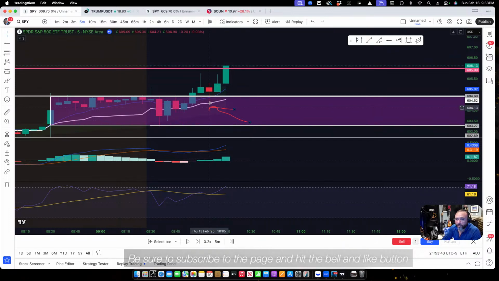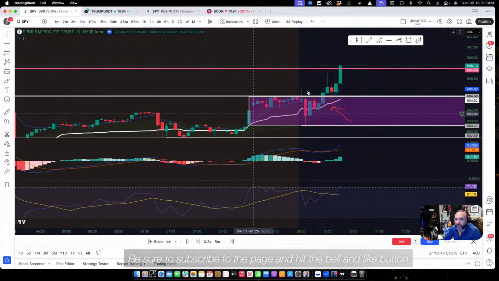Now, if we load it on VWAP, because we are in an upward trend, around 604, not up here where the candle closed, but when this candle comes down and touches, my finger hits the buy button right there.